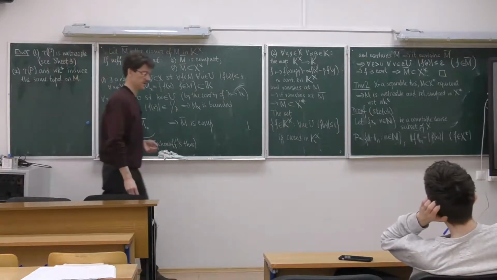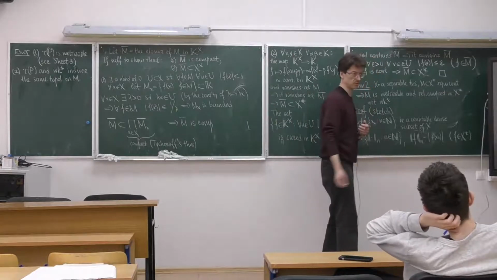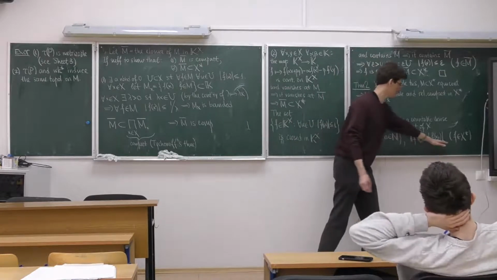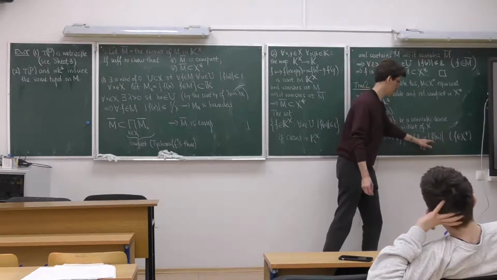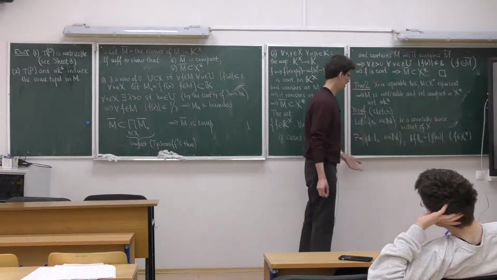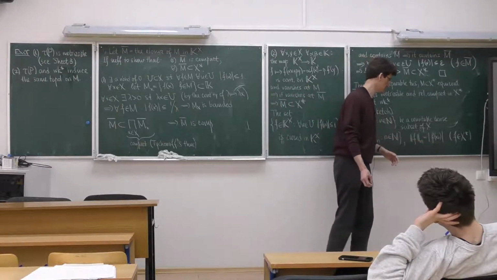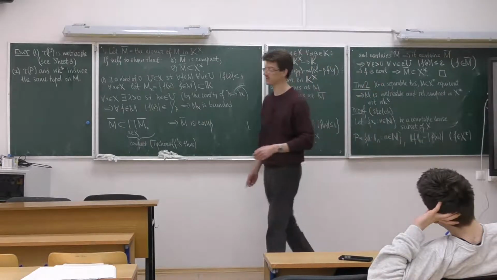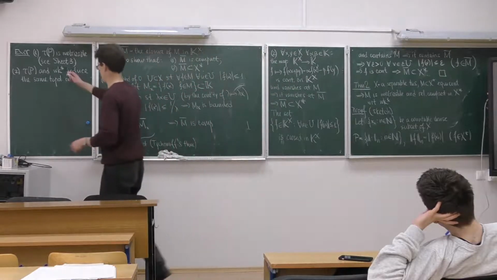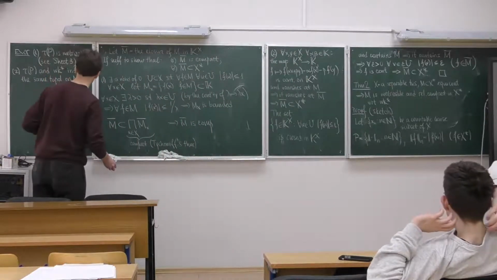If we consider them on the whole space X star, then the weak star topology will be stronger, because in the weak star topology we consider the absolute values of f of x for all elements in X, and here we take only the countable dense subset. So in general, tau of P is weaker than the weak star topology, but they are identical on M. Of course, here the equicontinuity assumption is essential.